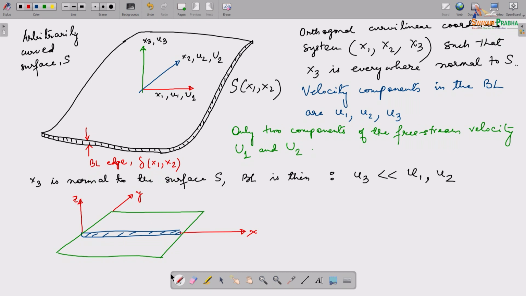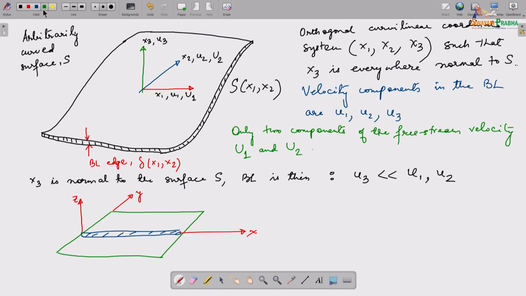In that case, what we are saying is that the thickness of the boundary layer in the z direction, compared to the y and x directions, is much smaller.